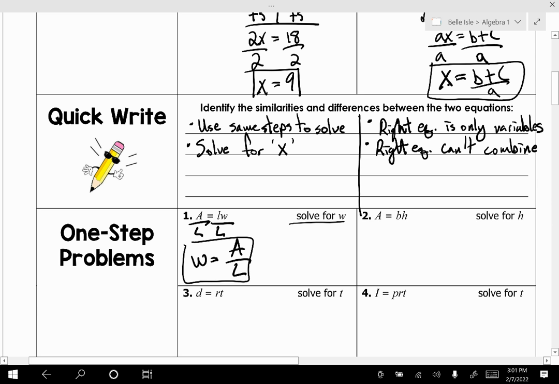Okay. Number 2. You've got to solve for h. And what is this formula? Divided by b. Area is based on... Acceleration is equal to... Are we close? It is area.